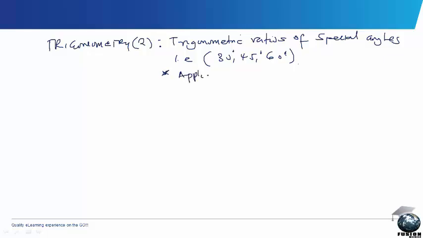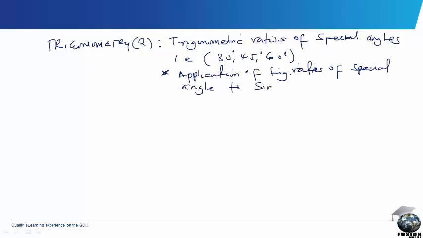We'll do some applications of trig ratios of special angles to simple problems. These are the two things we'll be looking at.